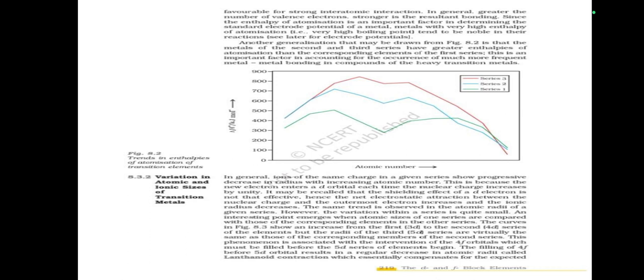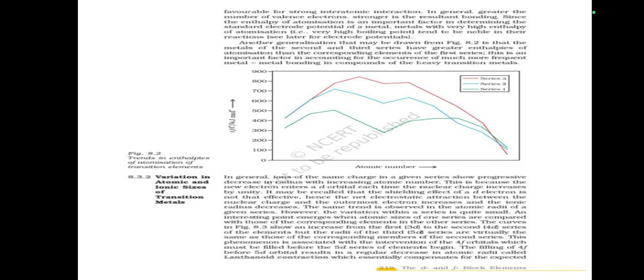This is because the new electron enters a d orbital each time the nuclear charge increases by unity. Now it may be recalled that the shielding effect of a d electron is not that effective. Hence, the net electron attraction between the nucleus and the outermost electron increases and the ionic radius decreases.